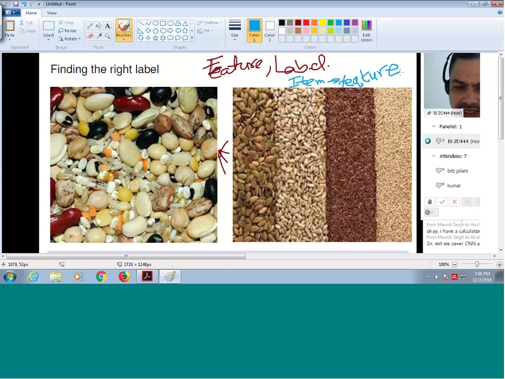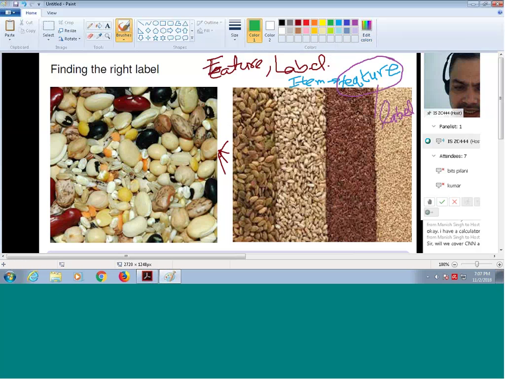Given an item, you want to find out what the features are, and when the features represent this particular thing, you use these features to say what the label is.